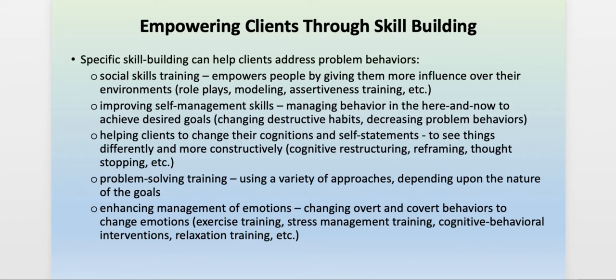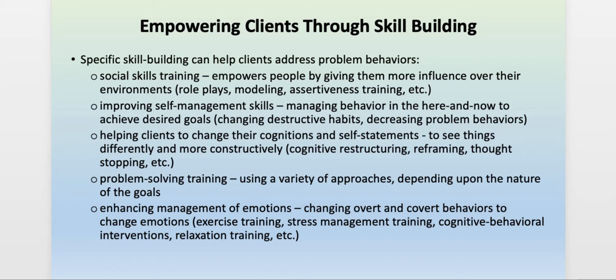Specific kinds of skill building can help your clients address problem behaviors, and there's a number of different ways to go about that mentioned here. Social skills training that teaches them how to be more effective in their interactions and have more influence over their environment. Things like role play training and modeling behaviors and assertiveness training, such things as that. Improving self-management skills, so that they can manage their behavior in the here and now to achieve the kinds of goals that they want.